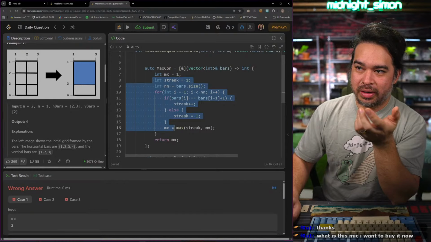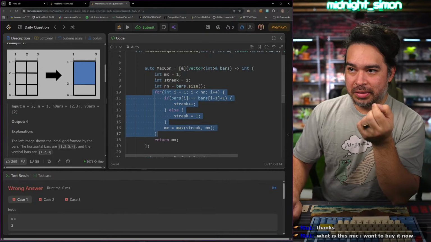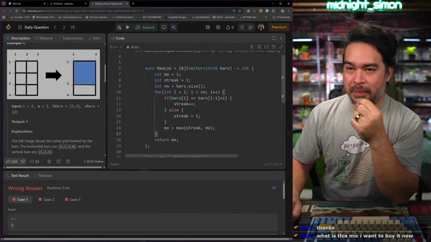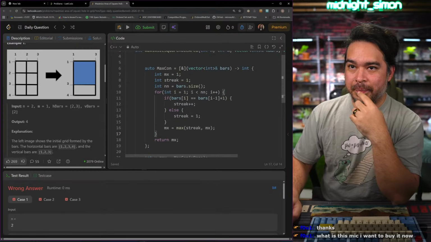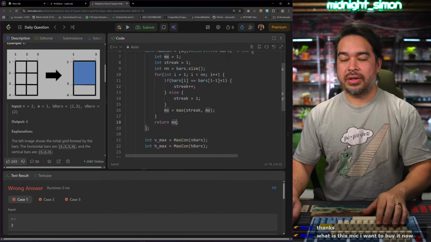It's the streak thing that when it's just one element, this whole thing is not doing anything, and so maybe I should return.